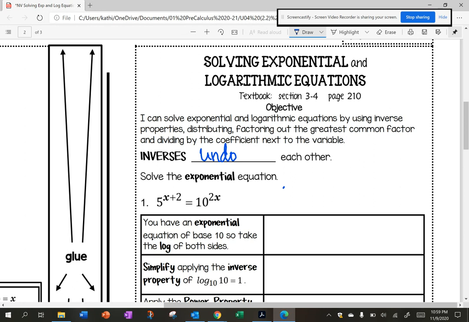Examples of inverses are adding and subtracting, multiplying and dividing, squaring and square root, just to give a few. So today we're going to talk about exponential and logarithmic equations, which undo each other. Okay, so we are going to start with an exponential equation.